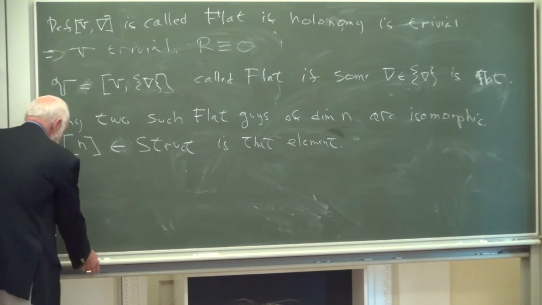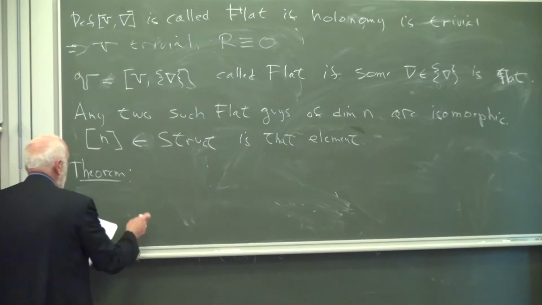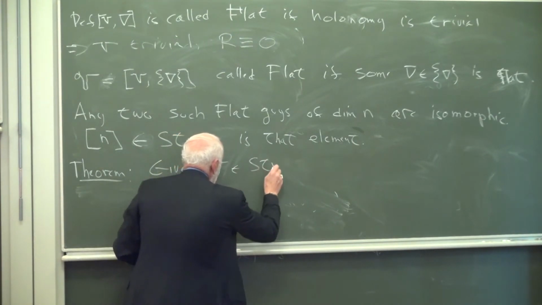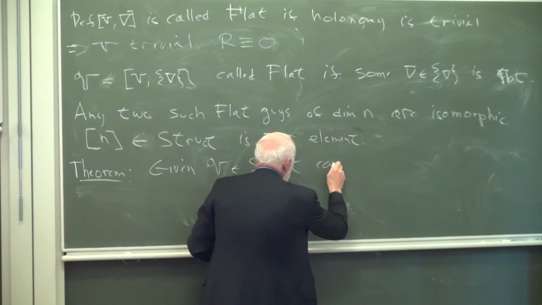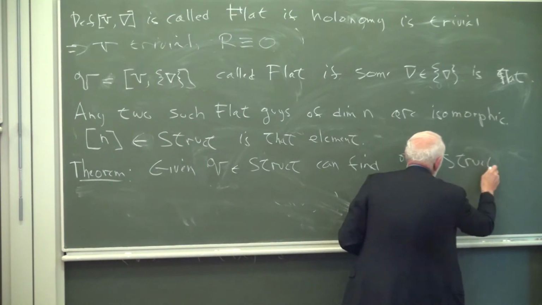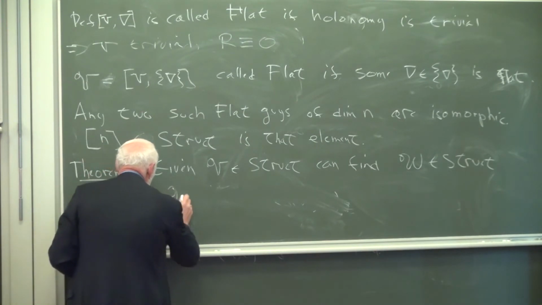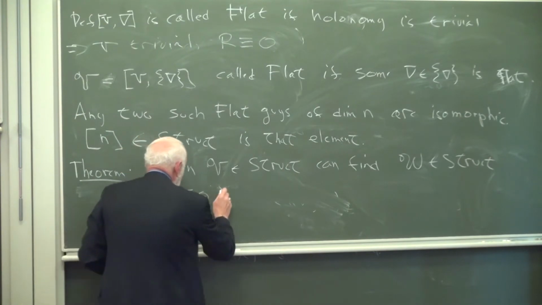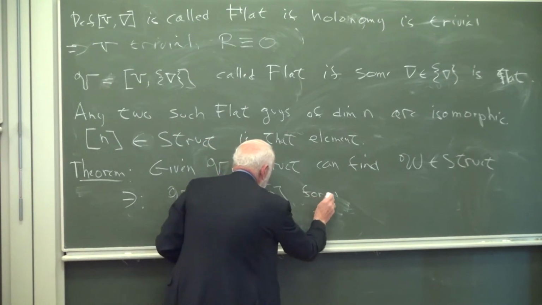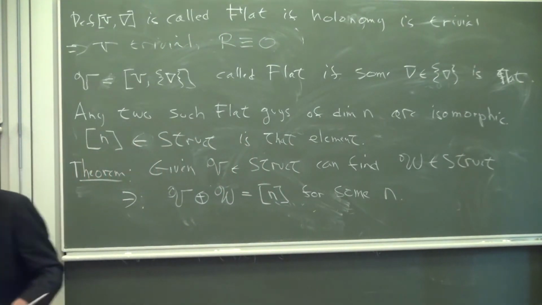So now, here's a theorem. Given V contained in Struct, you can find W contained in Struct such that V direct sum W equals [N] for some N. So this is exactly the same statement as for ordinary vector bundles.